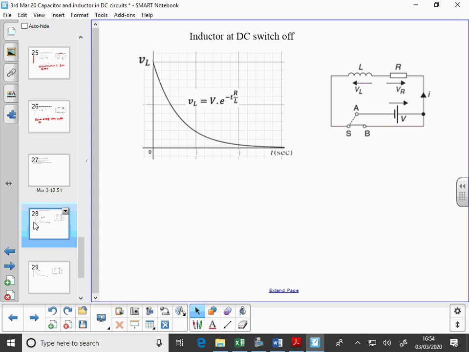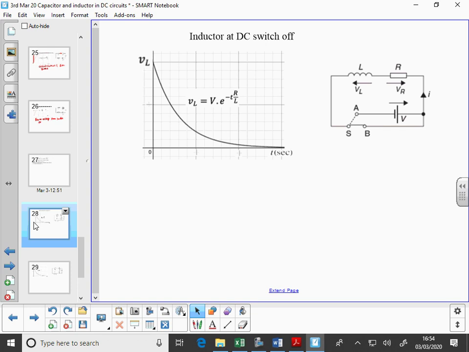It's all down to Lenz's law and this induced EMF opposing the change that's causing it in the first place. Alright? That's quite important to understand, so that you'll understand what we do when we talk about AC circuits next week. Okay?